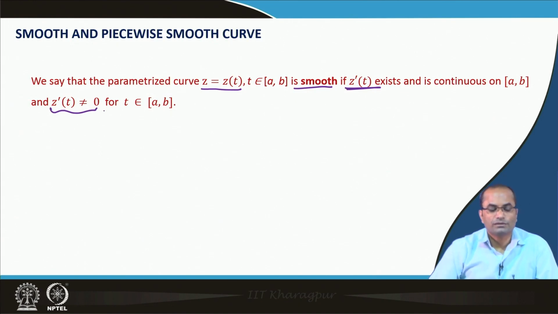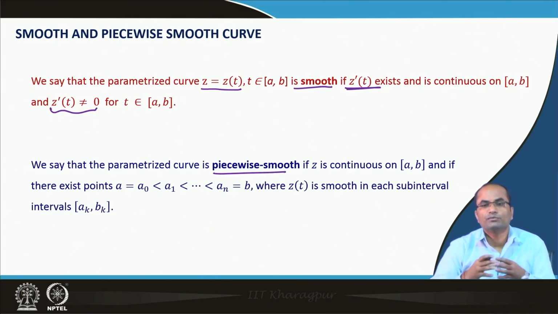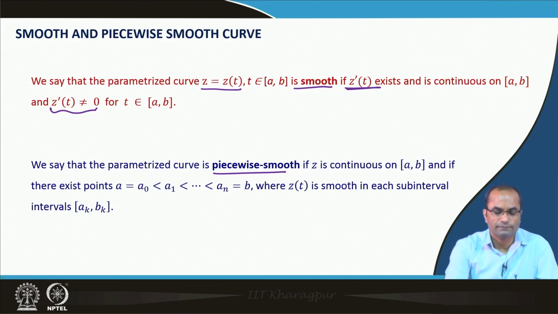We call such a curve a smooth curve, and there was a term piecewise smooth. Piecewise smooth means the curve is smooth in pieces. If we have several pieces of this continuous curve, then each piece has this property of smoothness, and as a whole we call it a piecewise smooth curve.